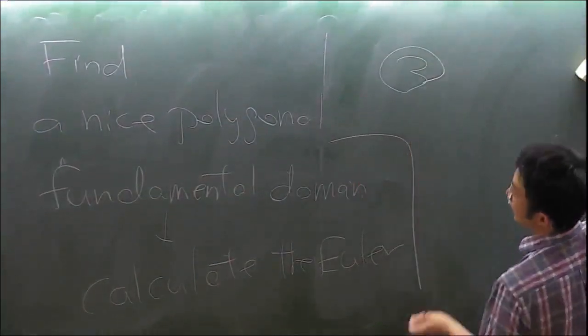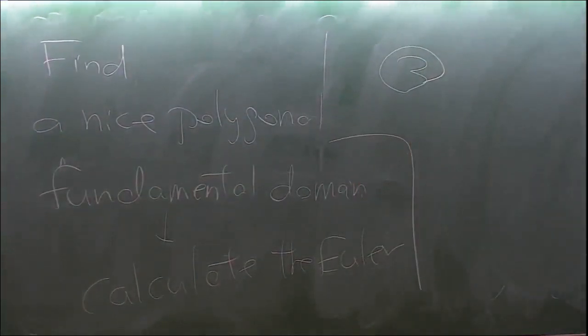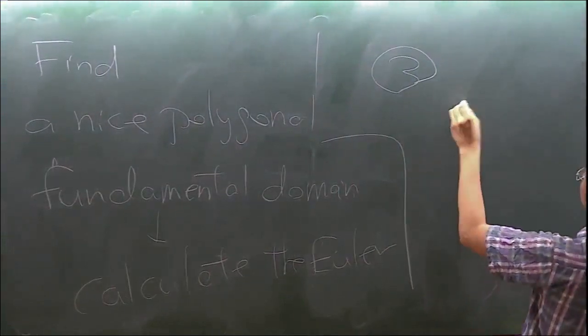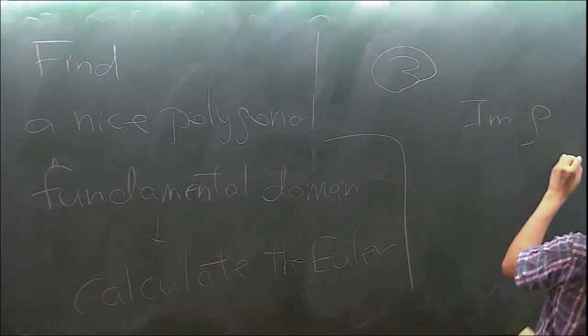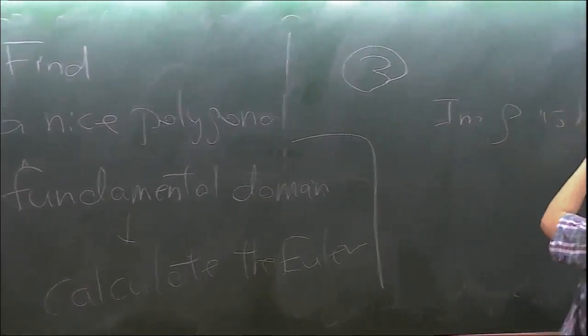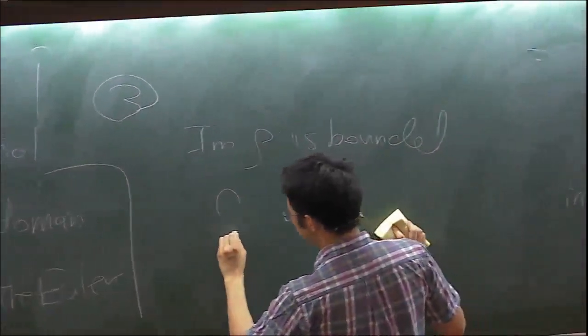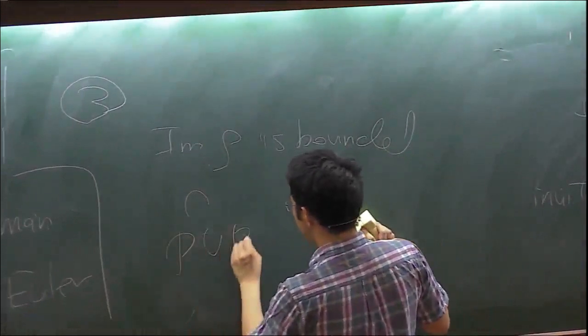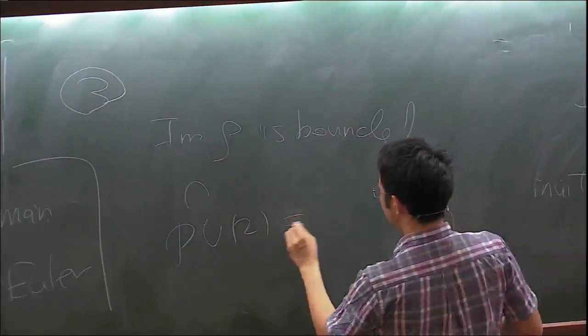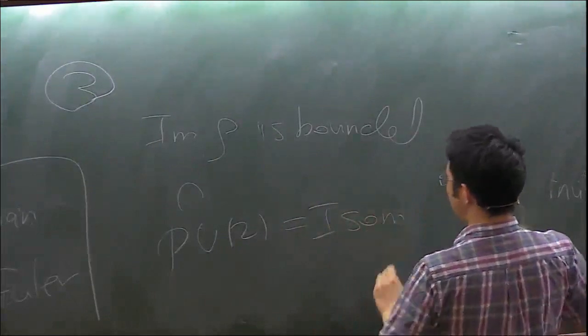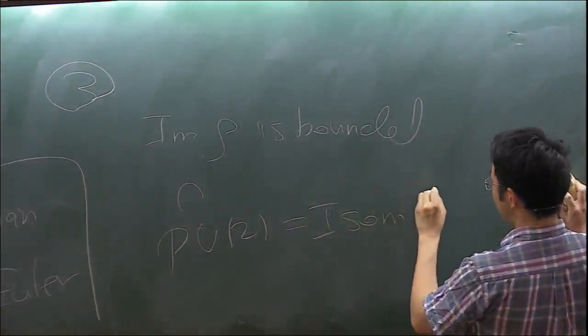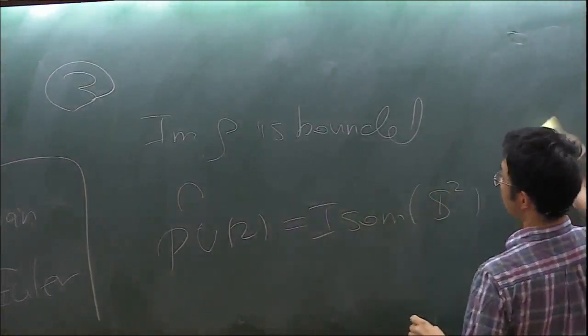And the third case is easier than this. The image is bounded, which means that this image is contained in U2. And you can regard this as the isometry group of S2.